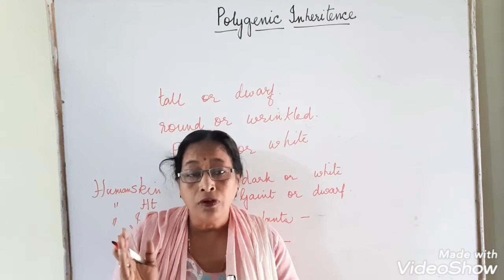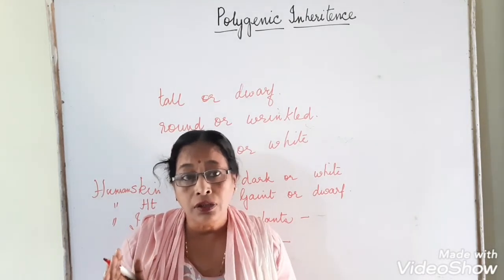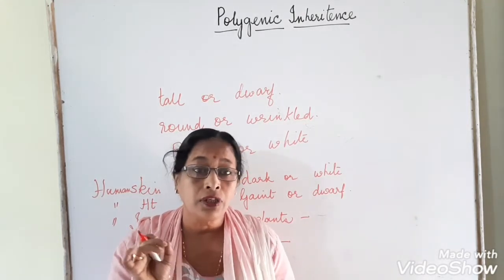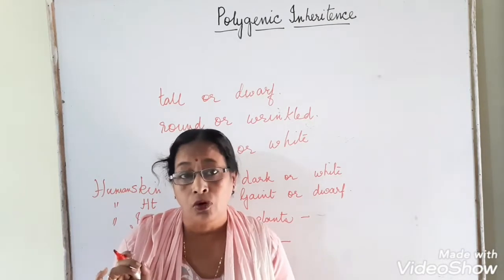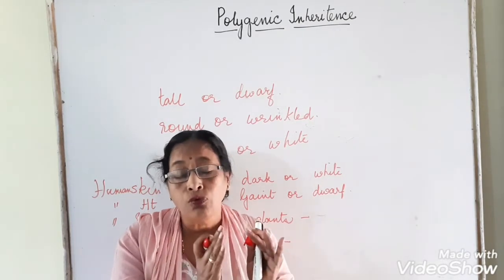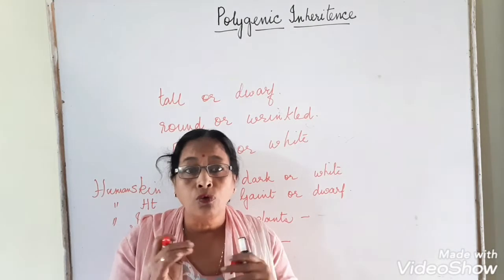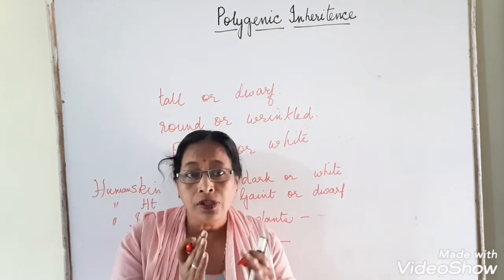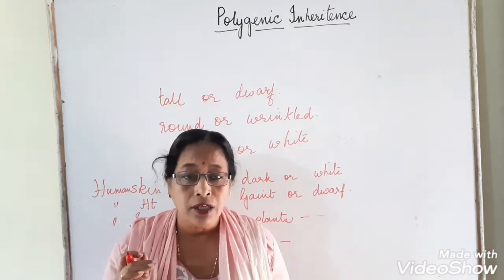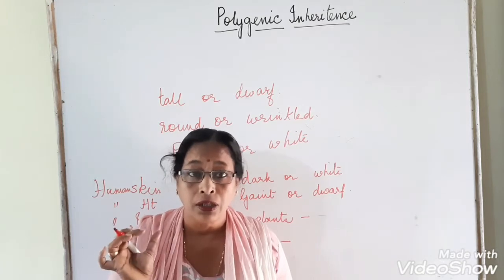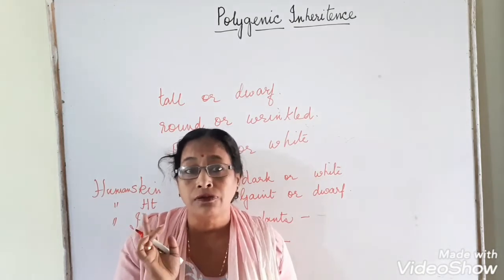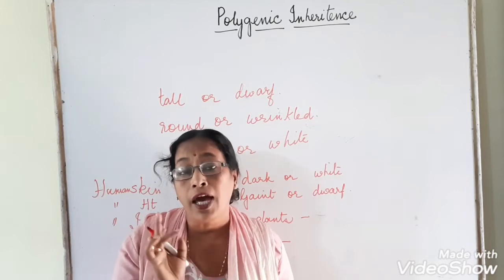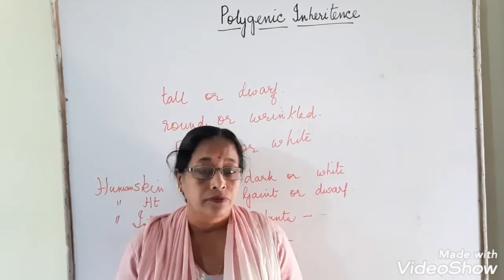So we can say that this is a cumulative effect also. To show one trait, a number of genes keep on adding their small and similar effects. So this is a quantitative and cumulative effect.